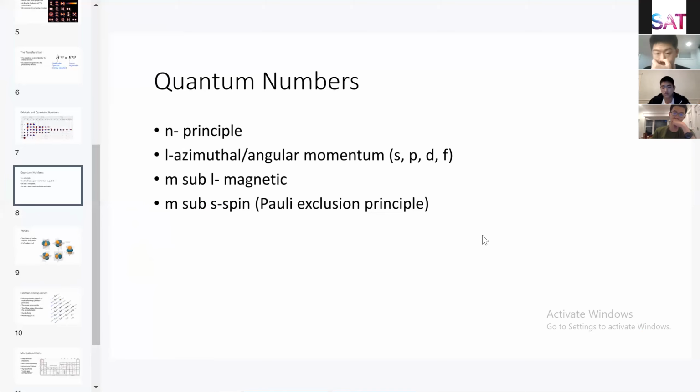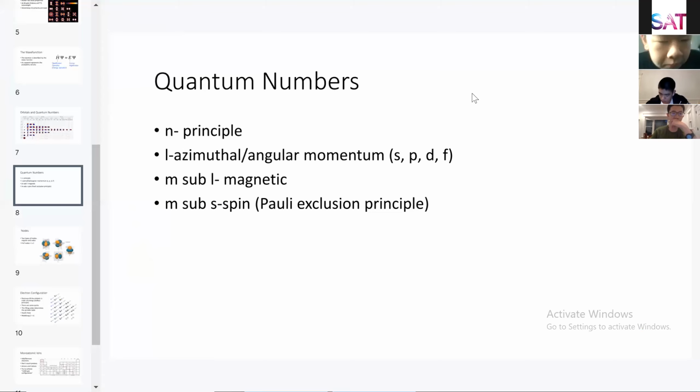And then m sub s is the spin quantum number. I'm not going to try to explain spin. It's really an intrinsic quantity of the electron, and the electron is not actually spinning. The spin quantum number is either plus or minus 1/2.